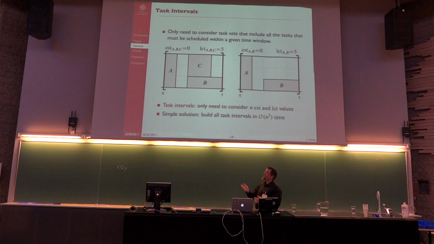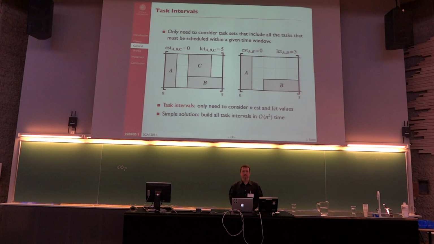Intuitively, if we have a fixed time window, we would like to get the set of tasks that all must be scheduled inside that task window that is the largest. So in other words, here we've got A, B, and C versus A and B. They both have the same start and completion times, but clearly A, B, and C has a higher energy than B.